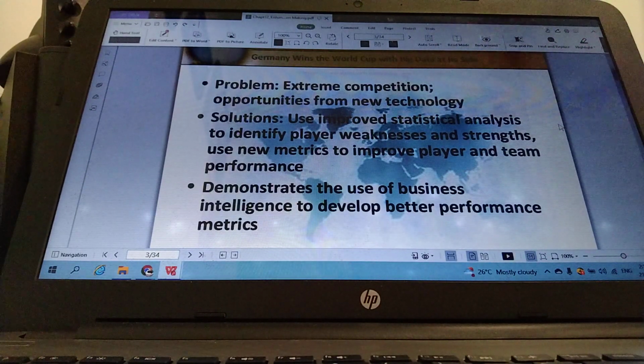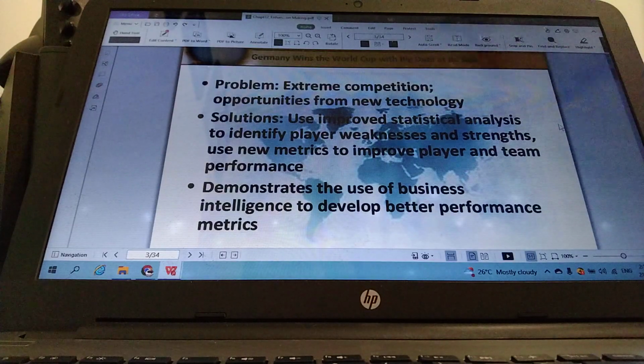So some of the solutions provided here, for example, use improved statistical analysis to identify player weaknesses and strengths. Use new metrics to improve player and team performance. So the solution provided here is to use this new technology, which is based on big data analytics, to improve statistical analysis and make use of the available data to identify player weaknesses and strengths.